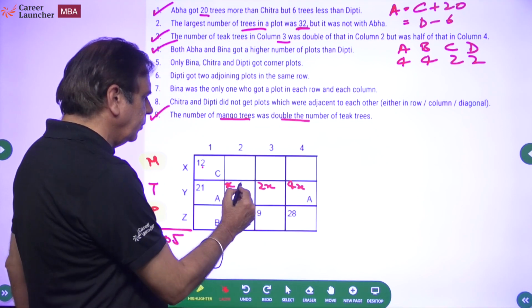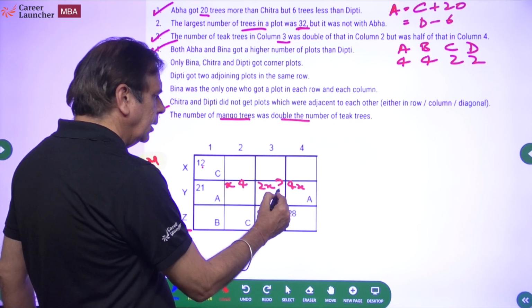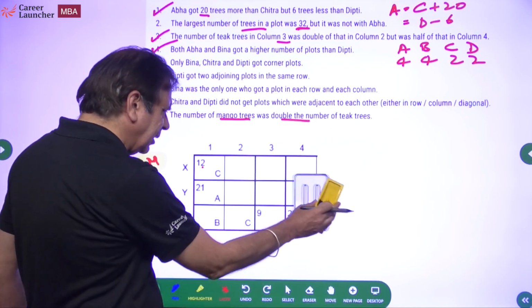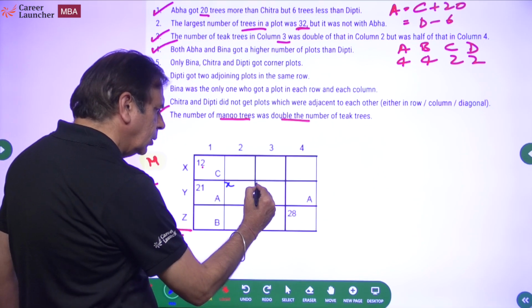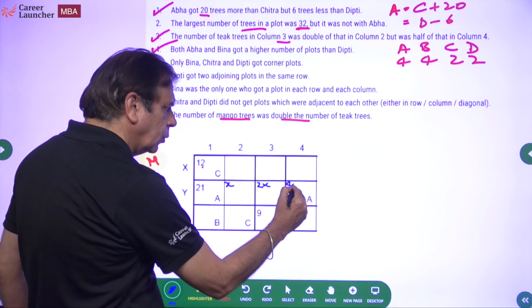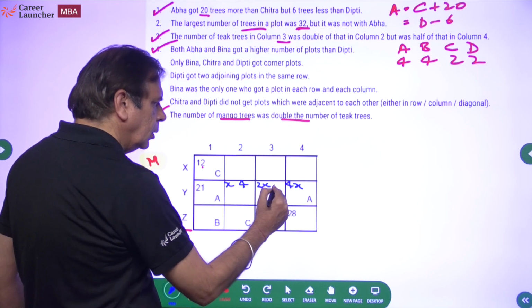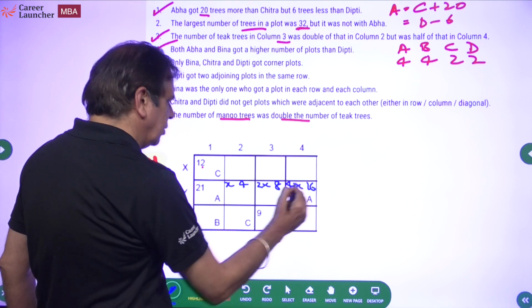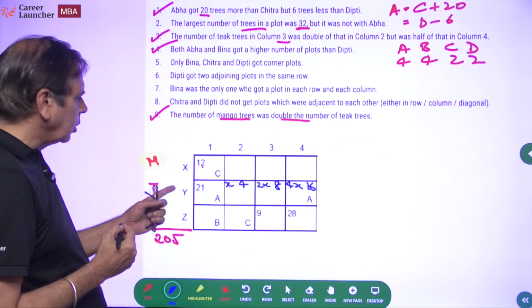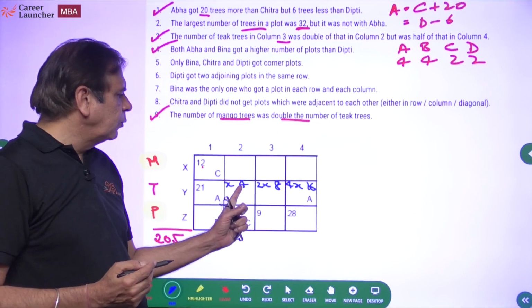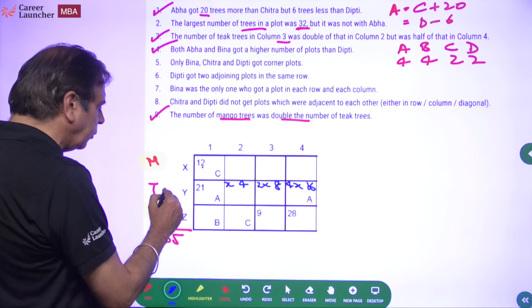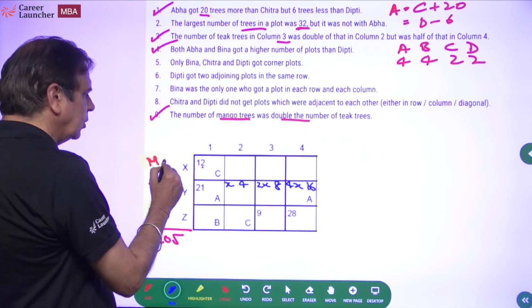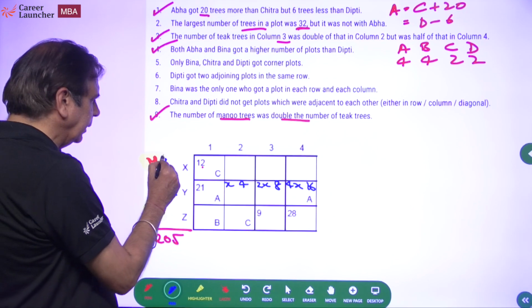That means this should be 4, 8. Let me take this pen. So if this is x, 2x, and 4x, this is 4, this is 8, this is 16. So what does the total number of trees become? 16, 8, 24, and 4, 28, and 21, 49. This is 49, double, 98.